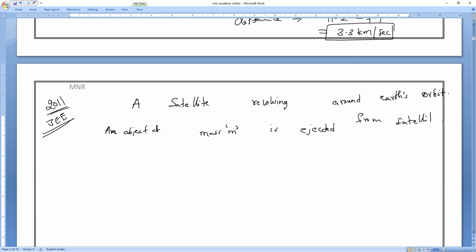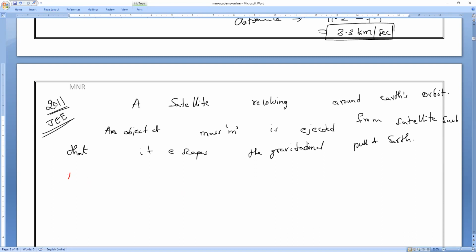Some mass is thrown from the satellite such that it escapes the gravitational pull of Earth. The object is not thrown from the Earth's surface, but from the satellite, which has mass m.